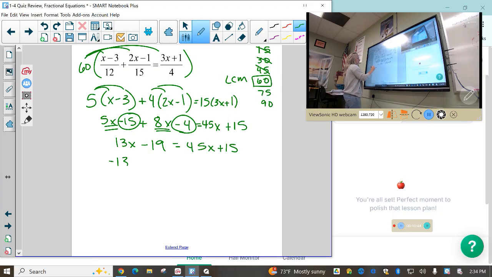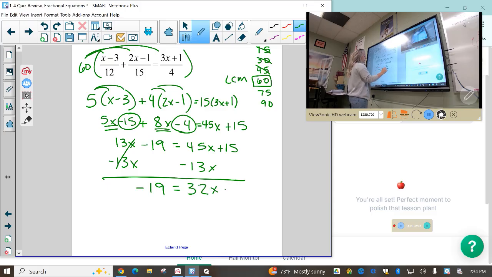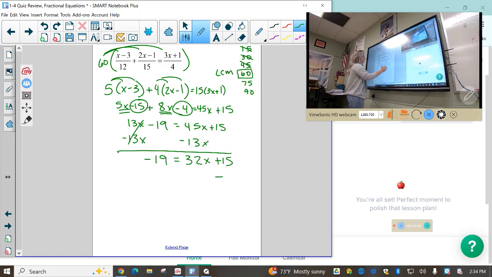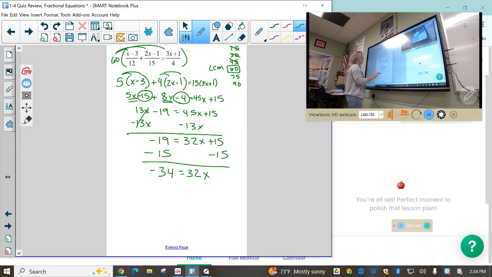I'm going to subtract 13x, negative 19 equals 32x plus 15. Minus 15, negative 34 equals 32x, and then divide by 32. So I have x equals, and then that reduces, divide by 2, negative 17/16.